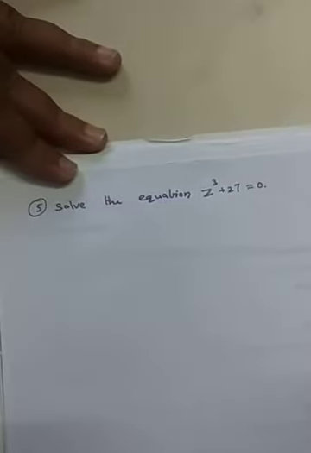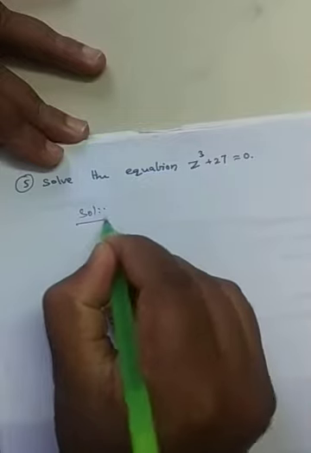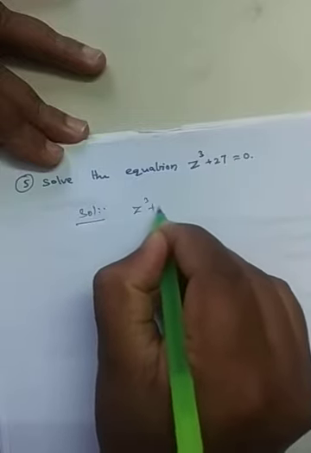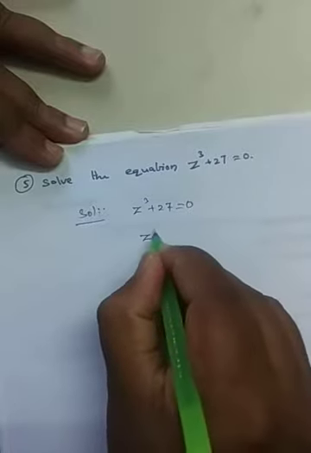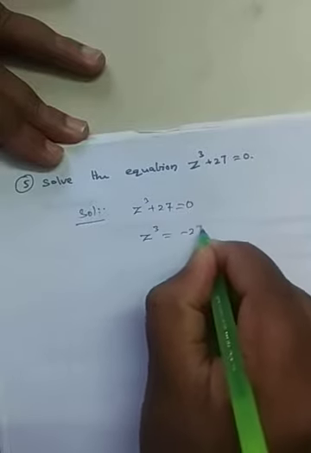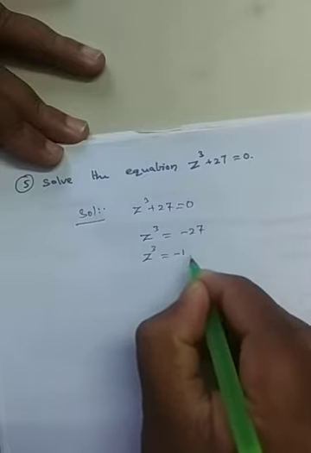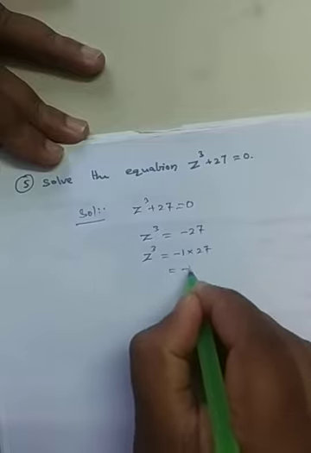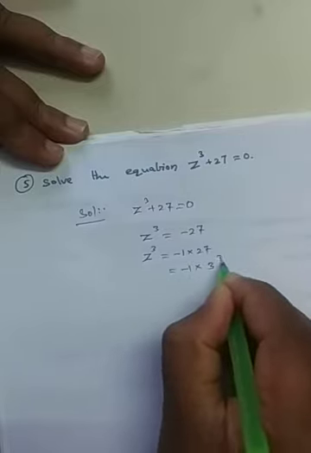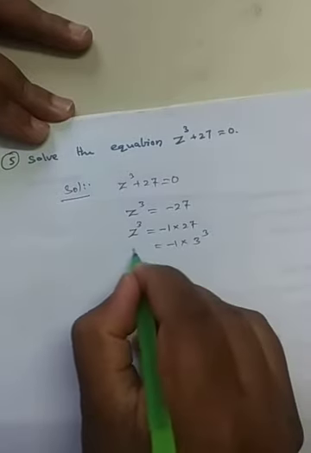So the solution: z^3 + 27 = 0. Then z^3 = −27, correct? Then z^3 can be written as −1 into 27, which we can write as −1 into 3^3. So that is the value of z^3.